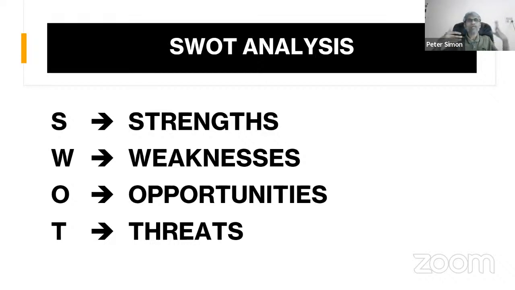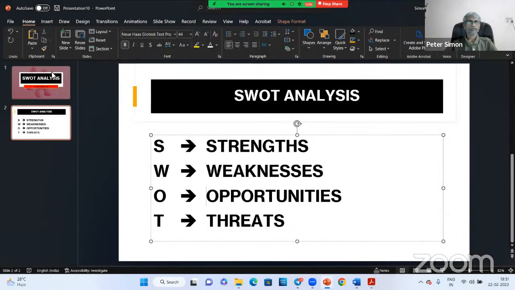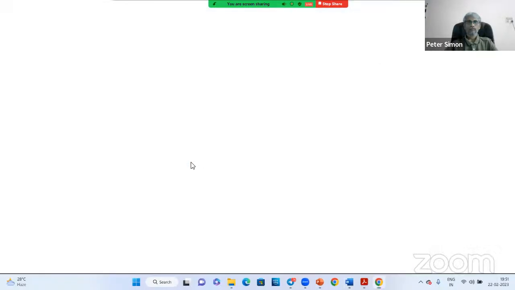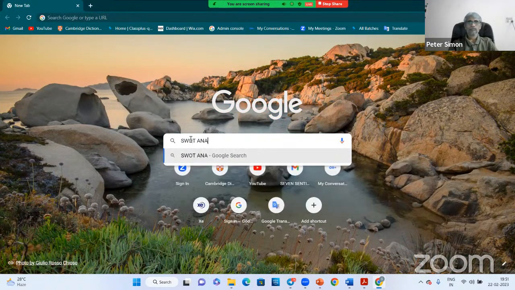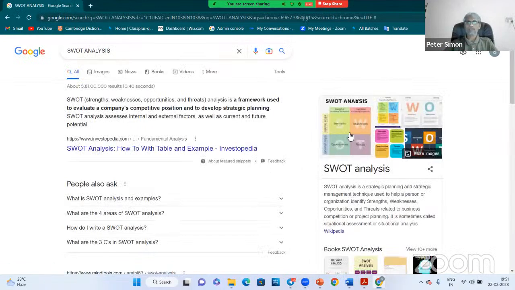Now, what do you mean by strengths? Okay, now let me give you a clear picture of what is SWOT analysis.